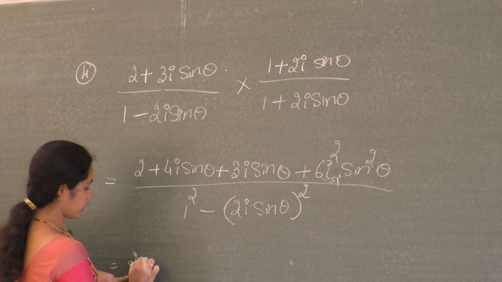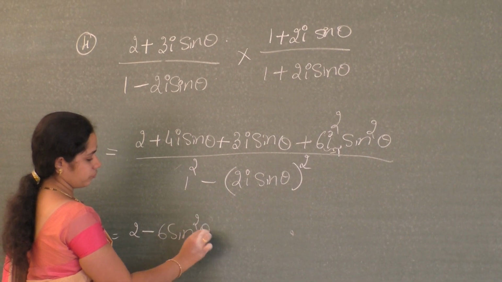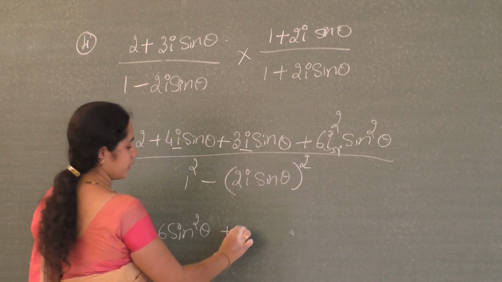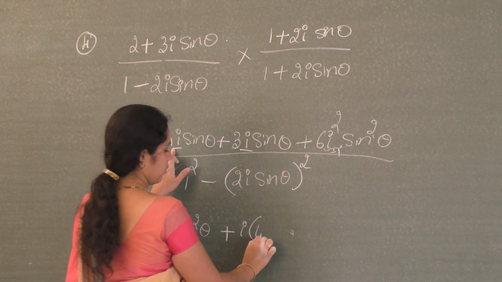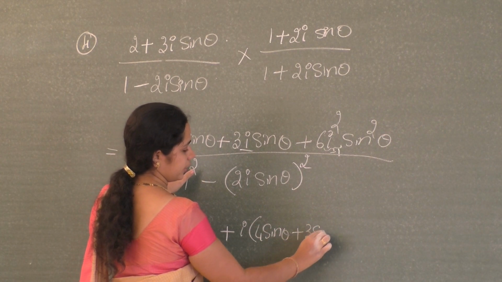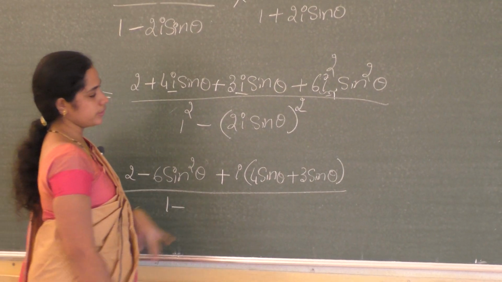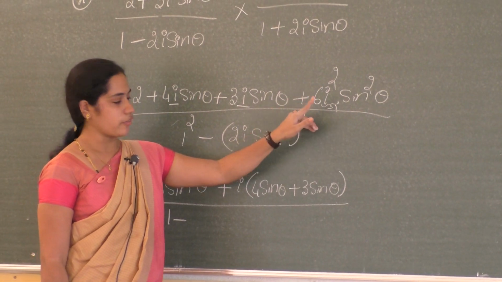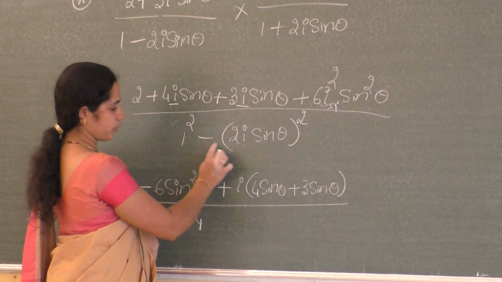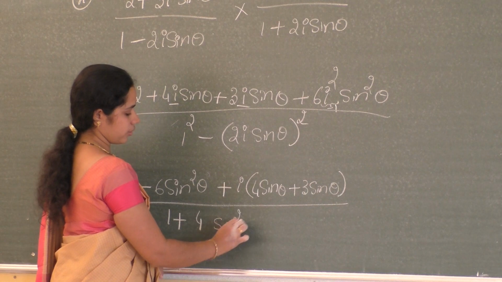So let us write together here: 2 minus 6 sin square theta plus i is common here, take it outside, (4 sin theta plus 3 sin theta), divided by 1 minus (2i sin theta) whole square. 2 square is 4, i square is minus 1, so minus into minus becomes plus, 4 sin square theta.